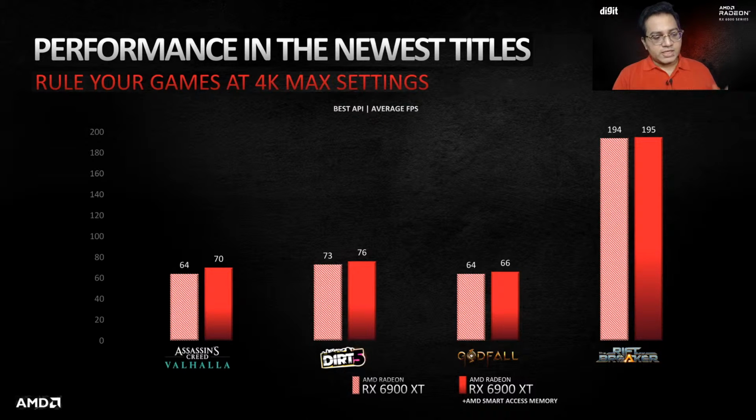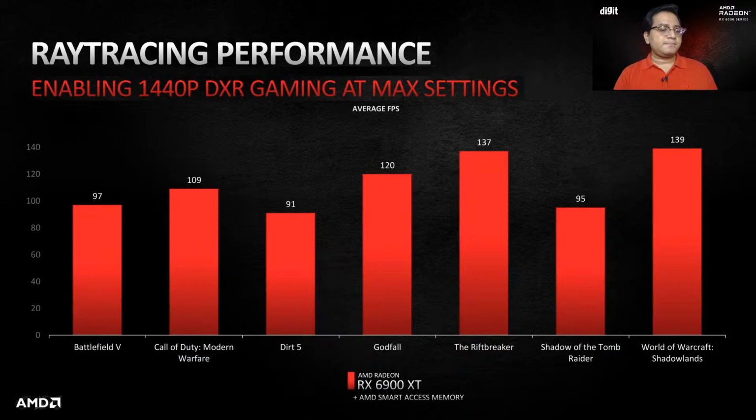Now, here we've seen non-ray tracing performance, mostly rasterization. Next up, we'll be looking at ray tracing performance. Now, here's the 6900 XT again, this time at 1440p resolution with games that use DXR. DXR is Microsoft's implementation of ray tracing.